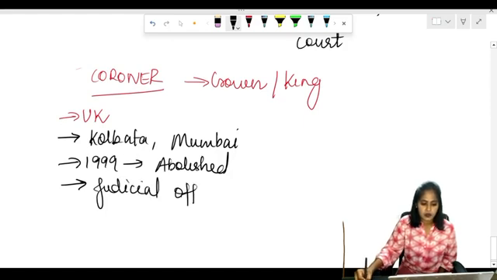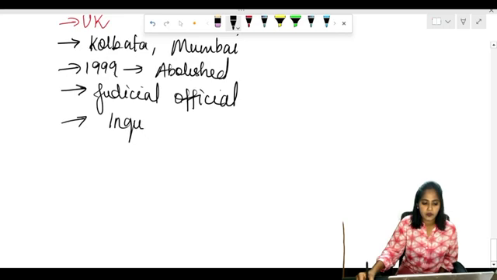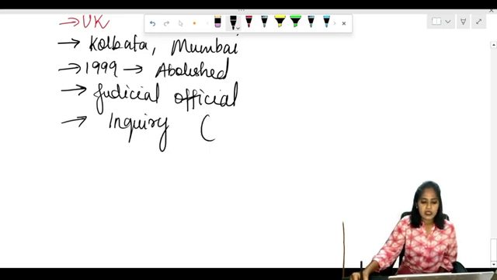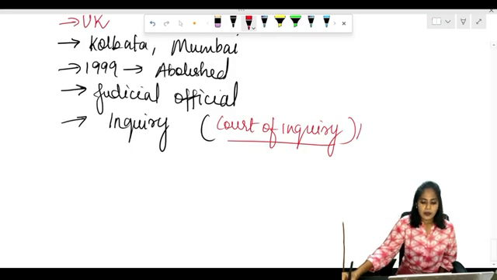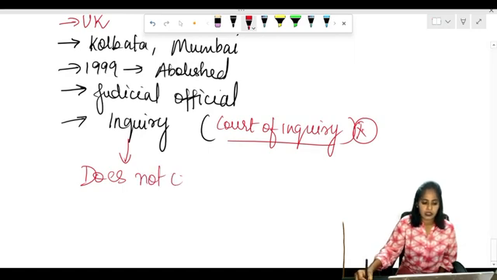If a crime happens, he has to inquire into the cause of death, and he calls everyone for inquiry related to the case. So this court, the coroner's court, is called a court of inquiry. All the investigations will be done, but he does not conduct a trial.